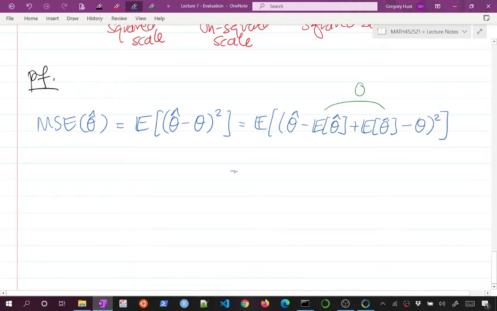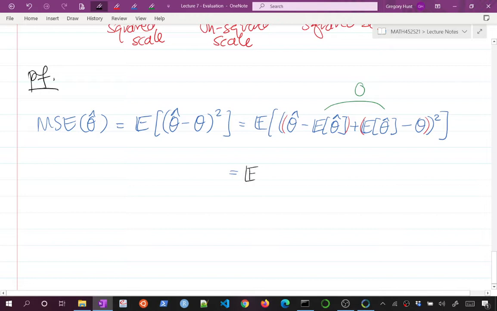Now I can square this out, and I'm going to group the first two terms and the last two terms, and then square things out.